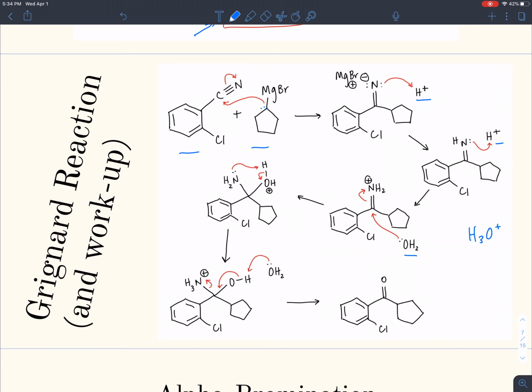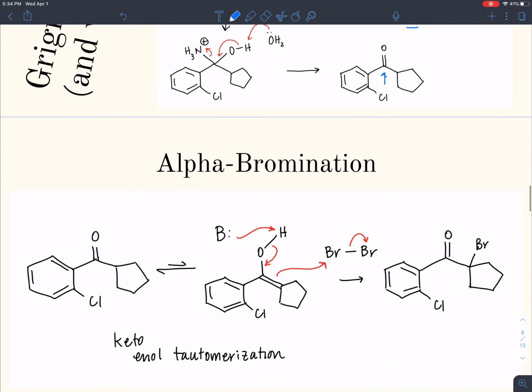From there, water in solution is going to nucleophilically attack this carbon here and push those electrons back up onto the nitrogen, where we get our tetrahedral intermediate here. We're going to get a little proton transfer, and eventually you can see here their oxygen is going to kick its electrons back down and form this ketone. So from here we are ready to move on to the next step.